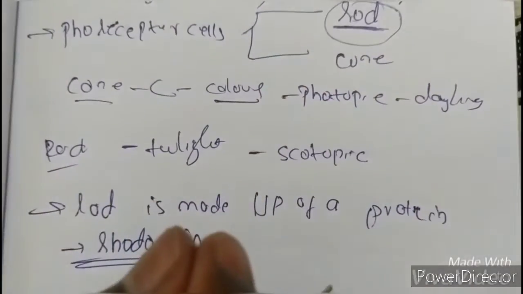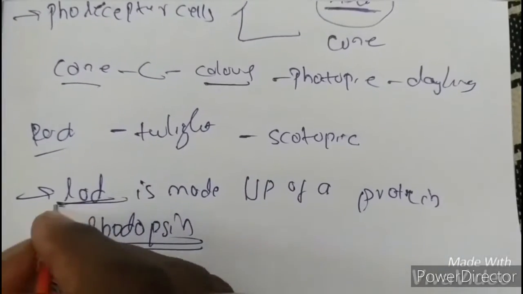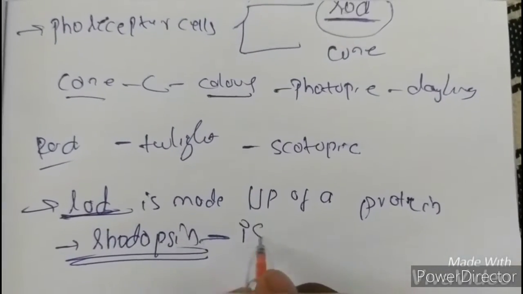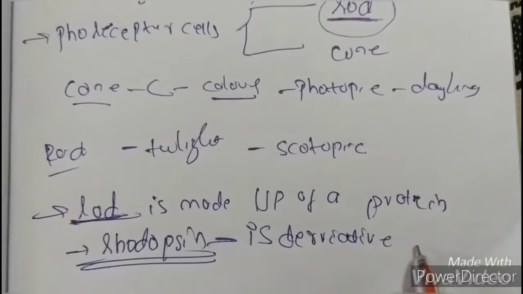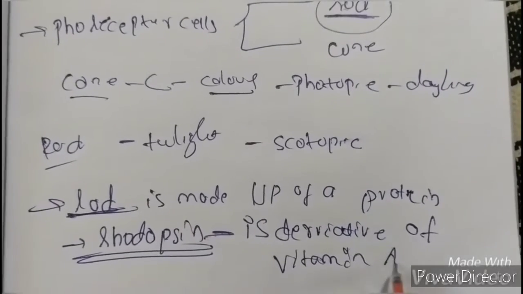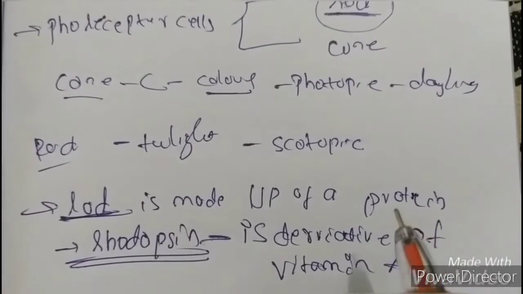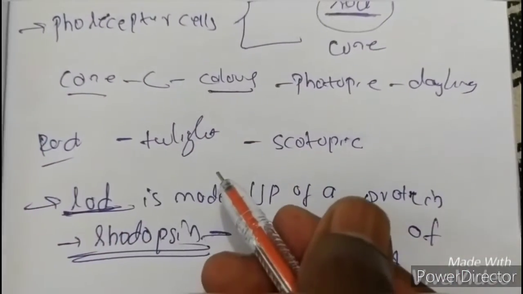Rhodopsin is a protein which makes up the rod cells. Rhodopsin is a derivative of vitamin A, which looks purplish in color.